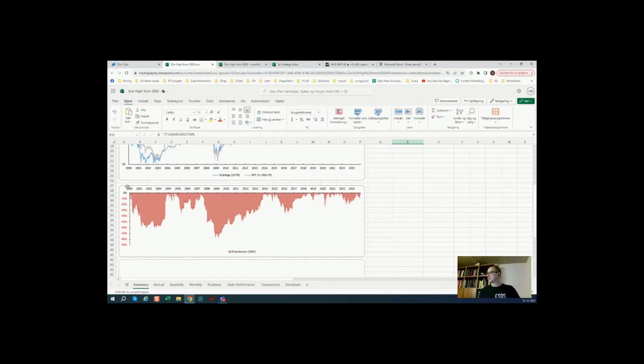And as you can see, it has taken some really, really steep drawdowns. Even the one here in 16, 17, the one under the Corona crisis, it actually just looks like a little blip. And those of you that invested through the Corona crisis know that was not the case. But that is how it looks here.